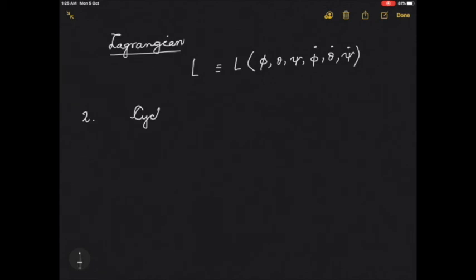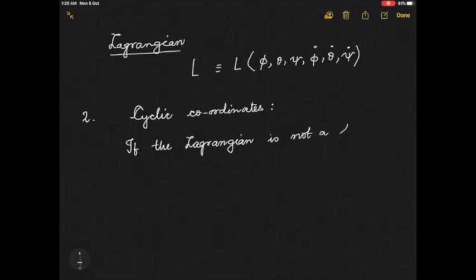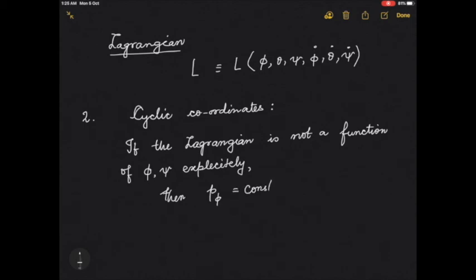I'd like to remind you of the idea of cyclic coordinates. And let me go ahead in time a little bit and say if the above Lagrangian is not a function of phi and psi explicitly, then we will get p phi equals some constant, and we will also get p psi equals constant.